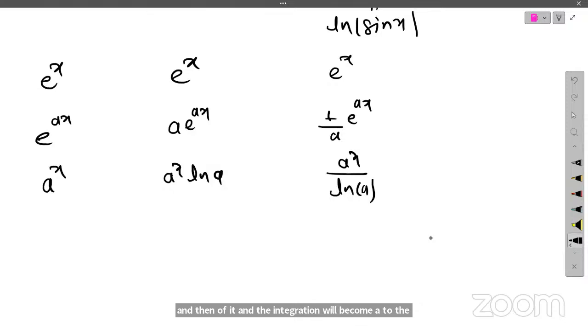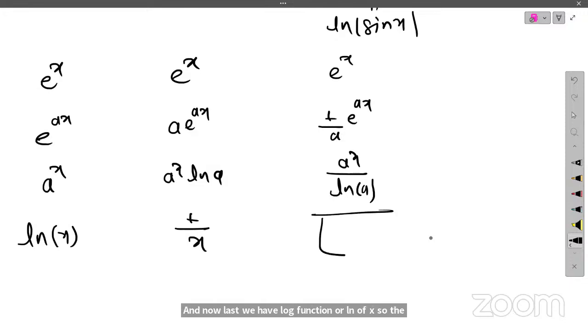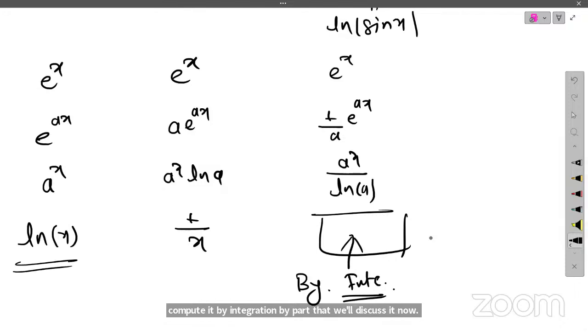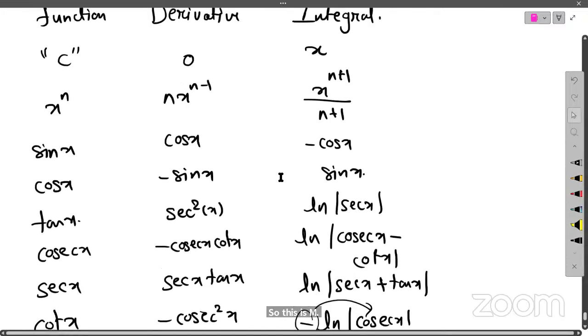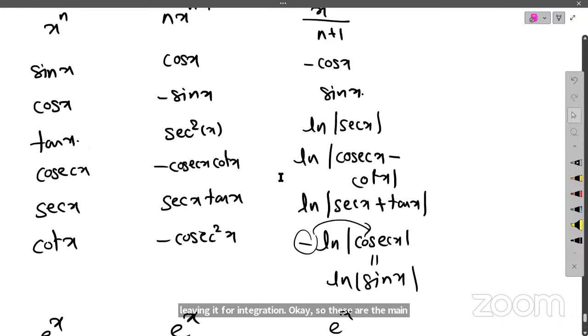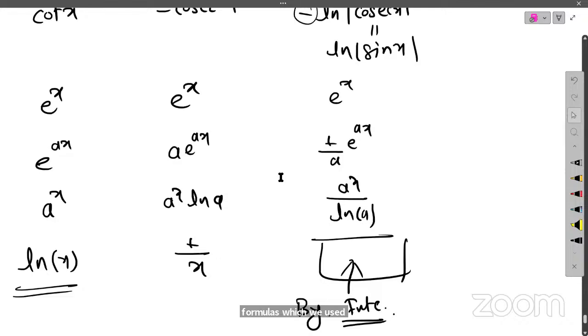And now last we have the log function, ln of x. The differentiation of ln of x will become 1 by x. The integration of ln of x we can compute by integration by parts, which we will discuss later, and then we can see what the integration of ln of x is. So these are the main formulas which we use for computing derivatives and integrations.